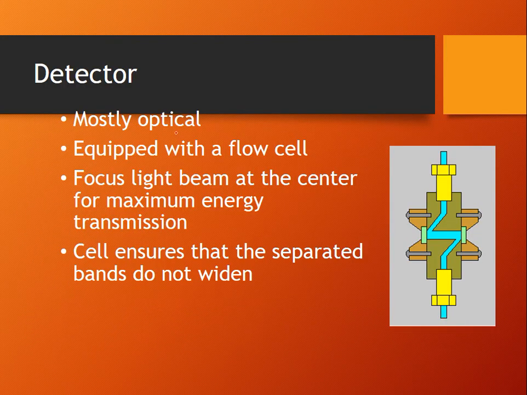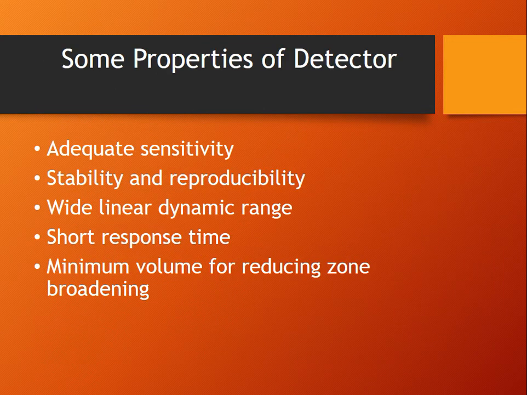Detectors are mostly optical, equipped with a flow cell that focuses the light beam at the cell's center for maximum energy transmission. The cell ensures that separated bands do not widen. We mostly use RI detectors and UV detectors here.